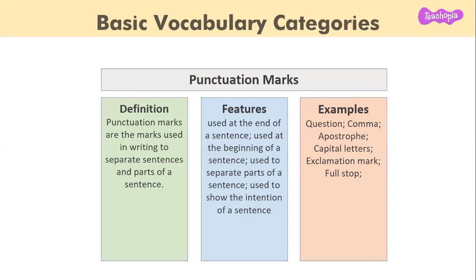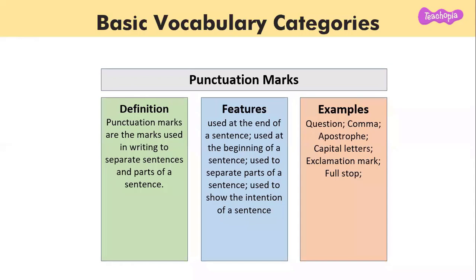So, let's take an example of the punctuation marks. This is what a vocabulary set for the punctuation marks looks like. We have three categories: definition, features, examples. The definition of a punctuation mark is: punctuation marks are the marks used in writing to separate sentences and parts of a sentence.